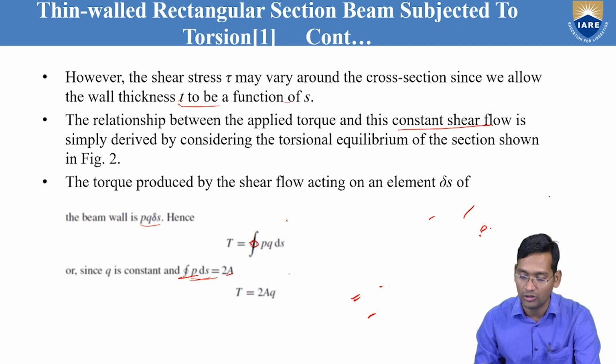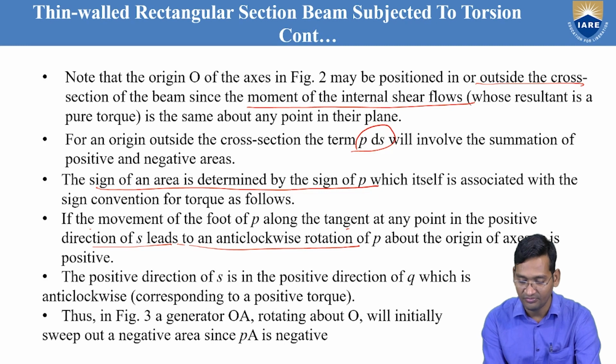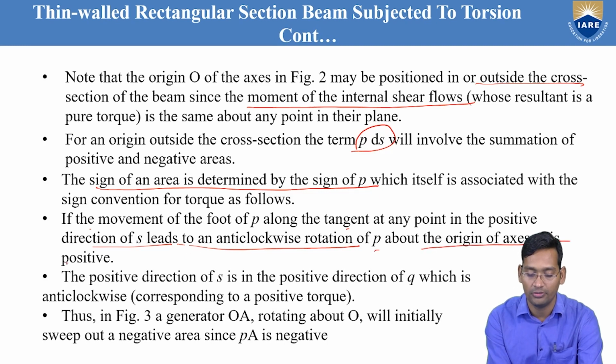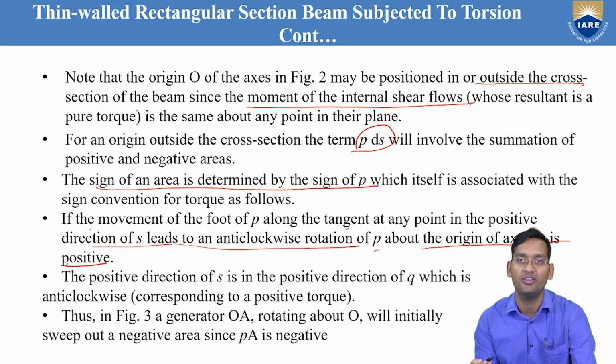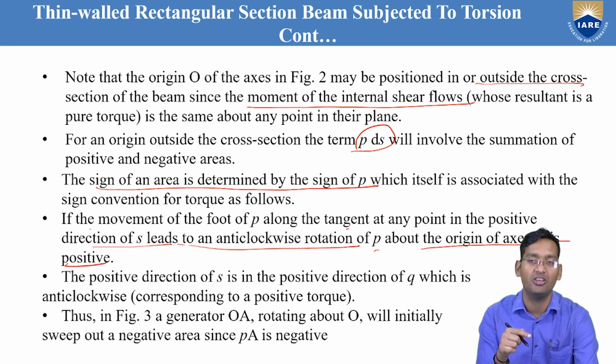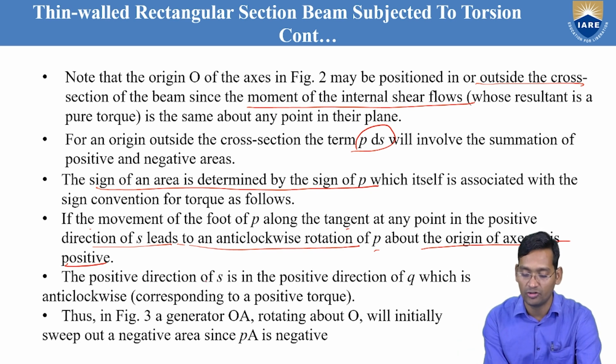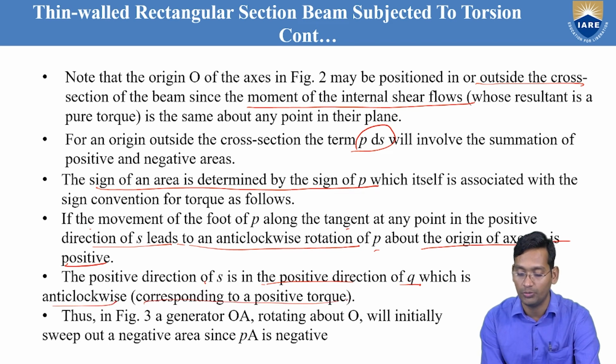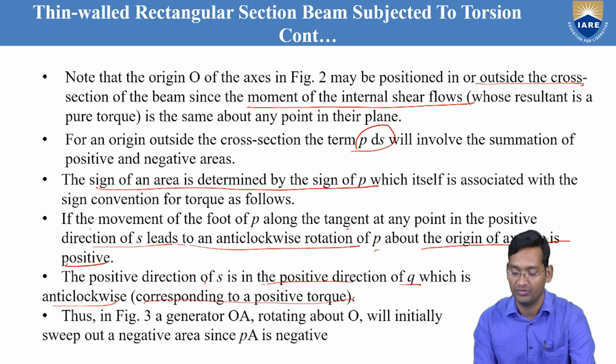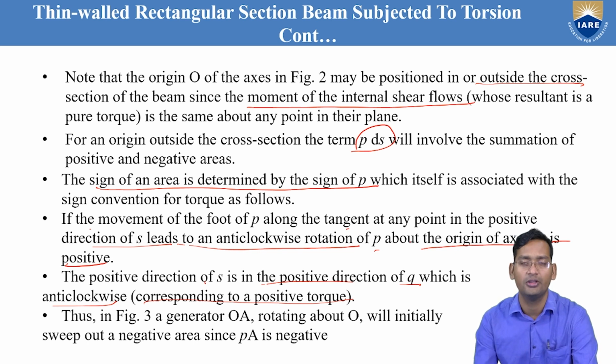So that anti-clockwise of p about the origin of axis, hence p is positive, means it's moving towards the positive, which is anti-clockwise, and we can say p is positive. The positive direction of s is in the positive direction of q, which is anti-clockwise, corresponding to a positive torque. Means if these two are there, then torque also will be positive.